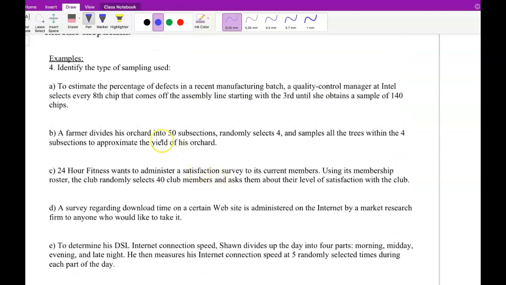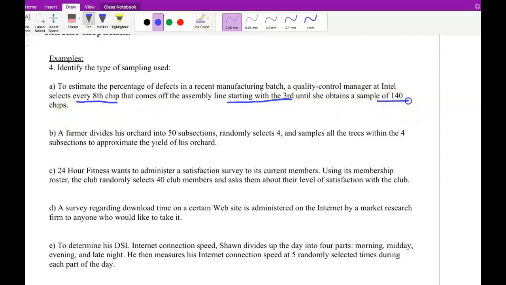An example: identify the type of sampling used. Part A, to estimate the percentage of defects in any recent manufacturing, a quality control manager at Intel selects every 8th chip that comes off the assembly line, starting with the third, until she obtains a sample of 140 chips.